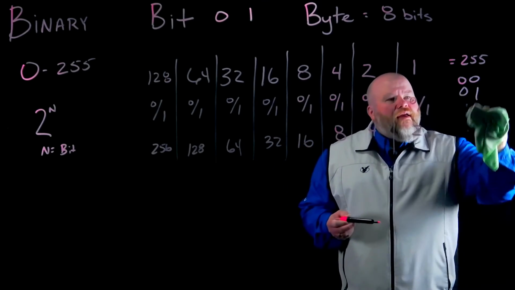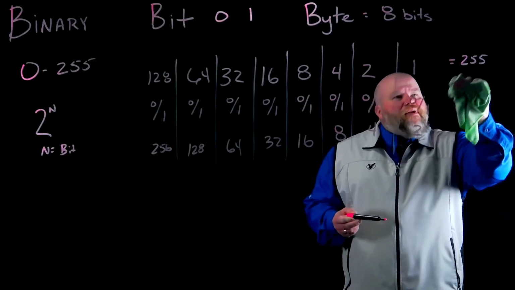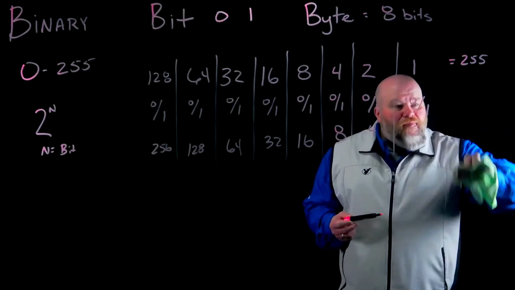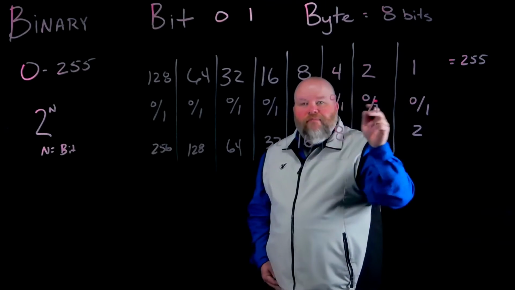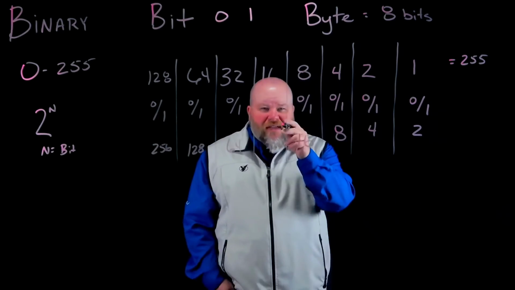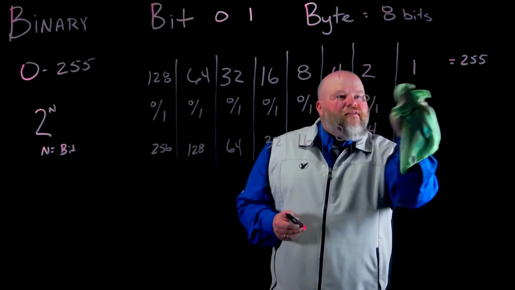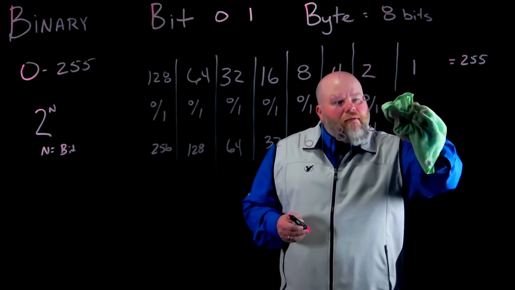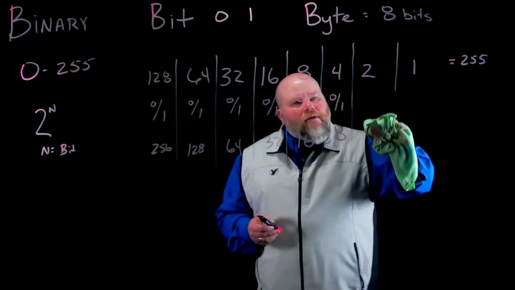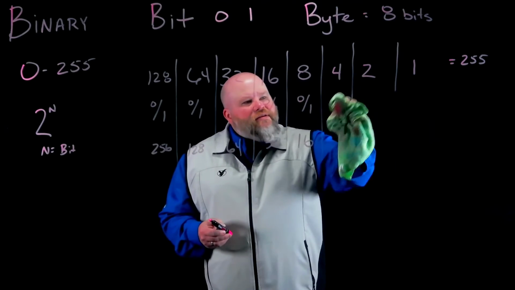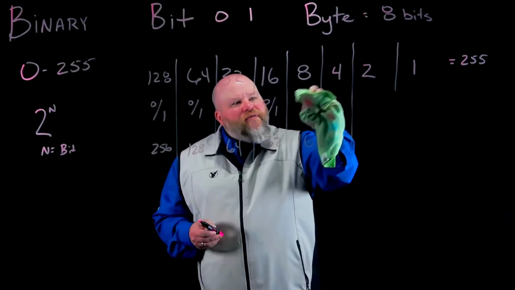So we can have anything from 0 to 255 be represented by these 8 bits. So let's take a look at what that looks like. I'm going to erase some here so you can see this. We're going to do some binary math.